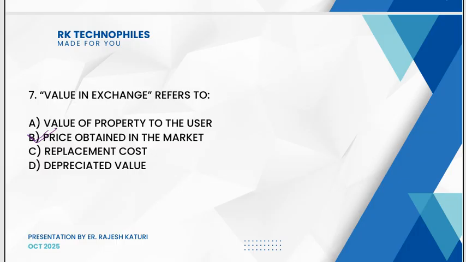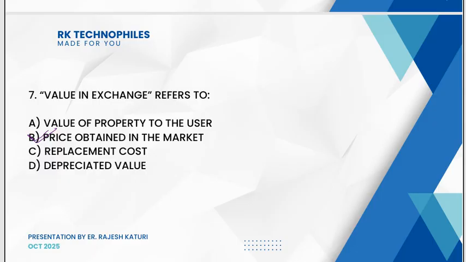Value in exchange actually is market value, which reflects what buyers are willing to pay. Valuers use it in selling price estimation. So value in exchange means you are giving a property and you're taking money.